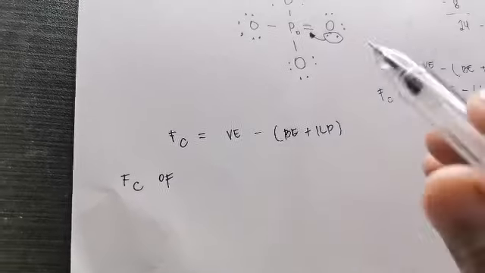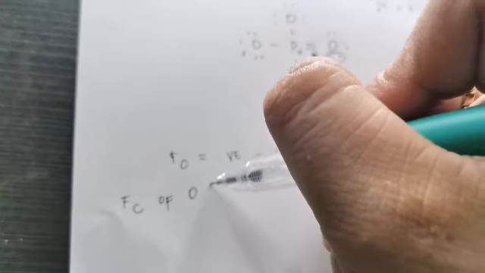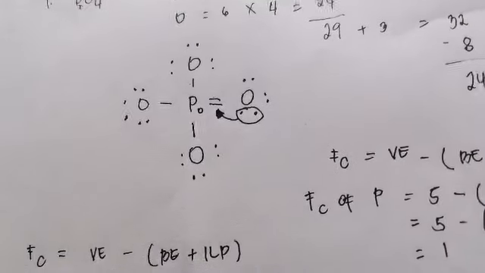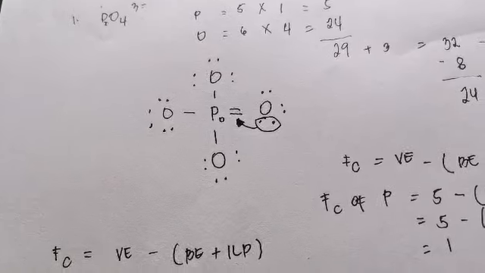Okay, so you need to specify formal charge of what element again? Oxygen. So what is the position of oxygen that we are going to get first? So, uunahin po natin si top.